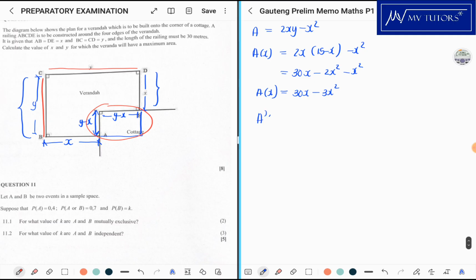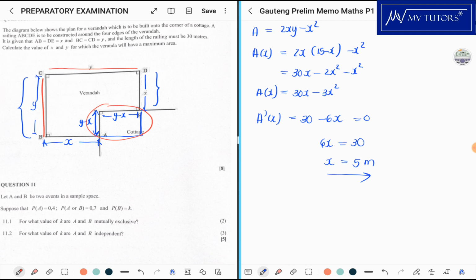I then have 30, using the power rule, minus 6x, and I make that equal to 0. So 6x is equal to 30, so x is 5 meters. Now I need y.